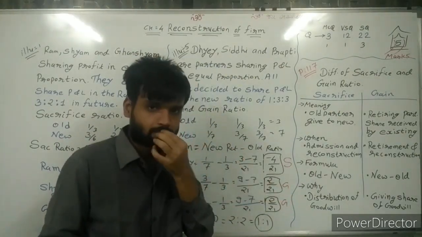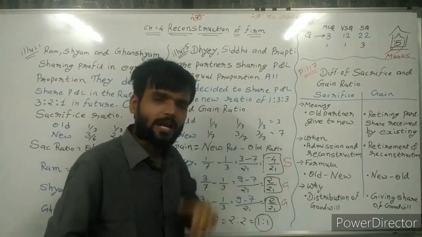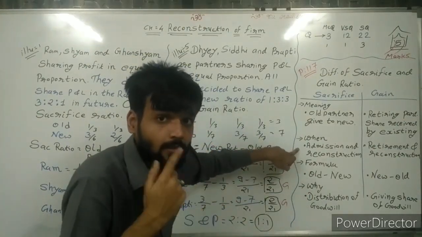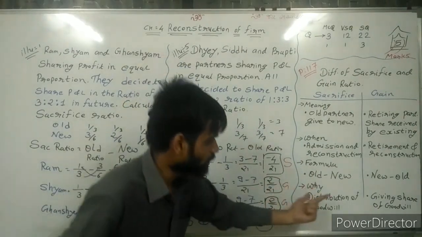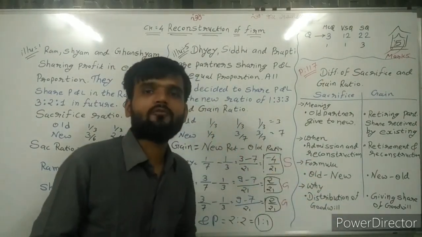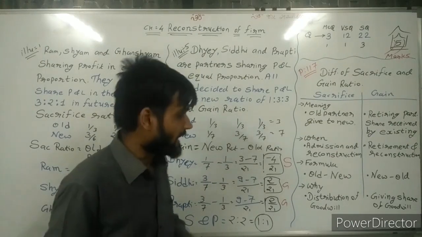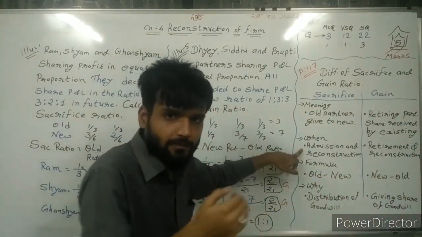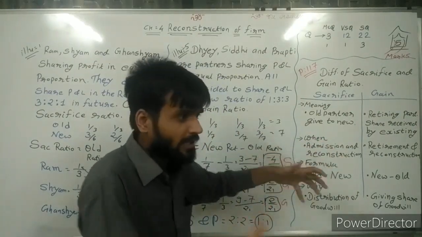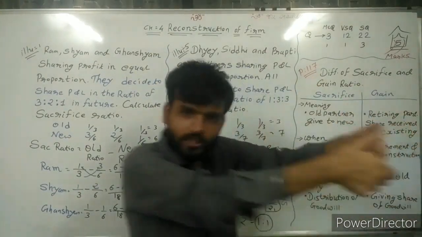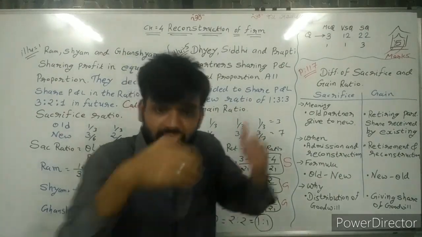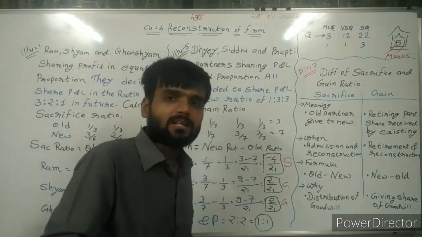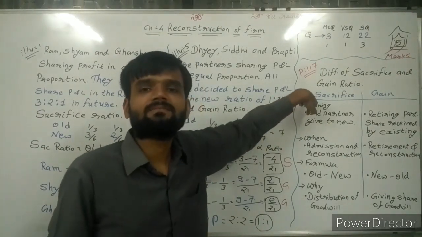Sir, why do we need to find sacrifice when admission of a partner is there? For distribution of goodwill. Whenever a partner is admitted into the firm, he brings goodwill amount into the business. And that goodwill amount we distribute among the partners who are sacrificing.